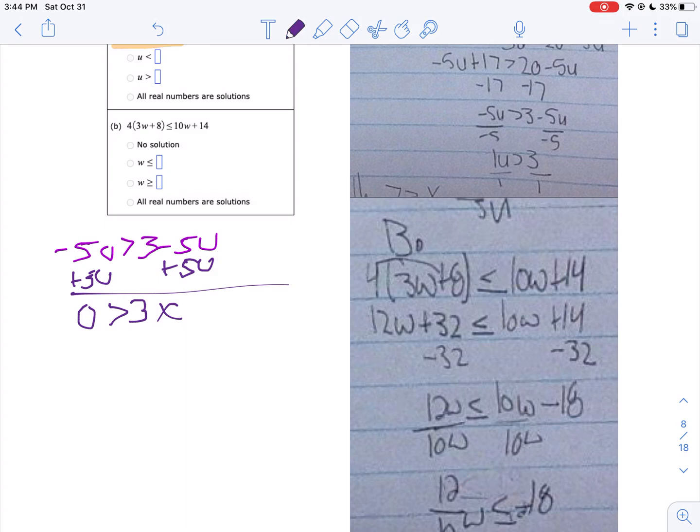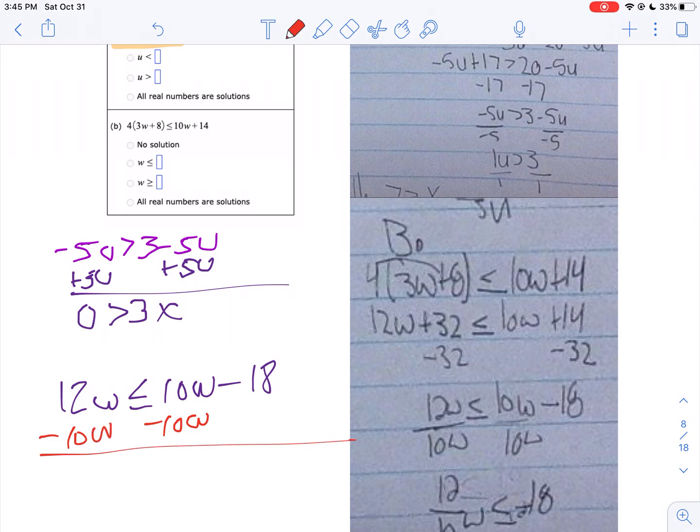Let me rewrite the part you had wrong and go from there. So we had 12w is less than or equal to 10w minus 18. So what happens is we get rid of the 10w not by dividing, but by moving it. So we're going to subtract 10w from both sides. You're going to move the whole thing to the other side of the inequality.